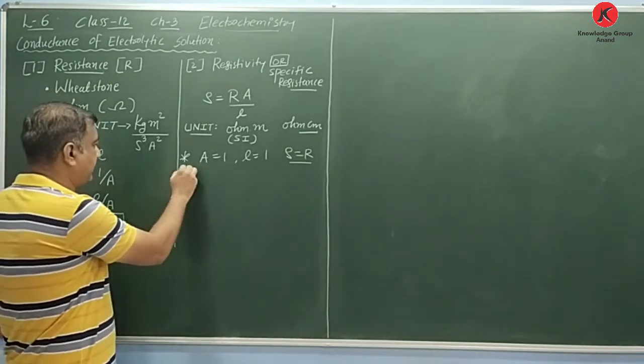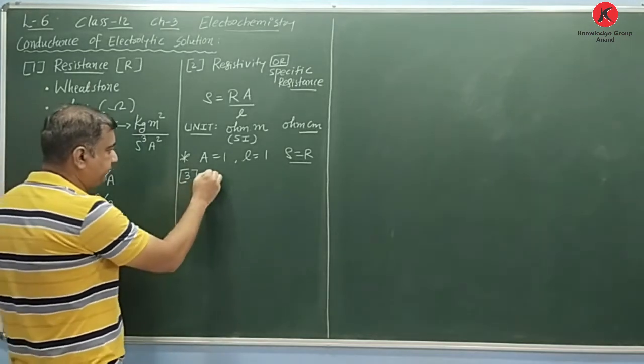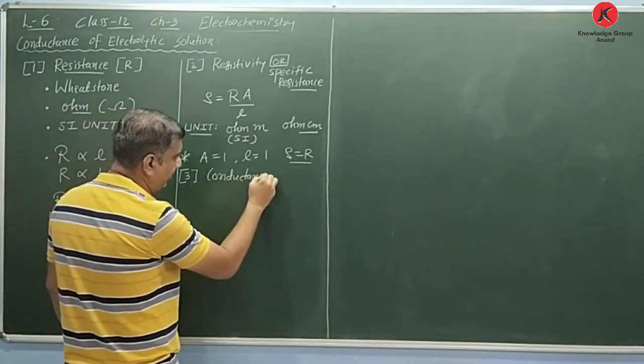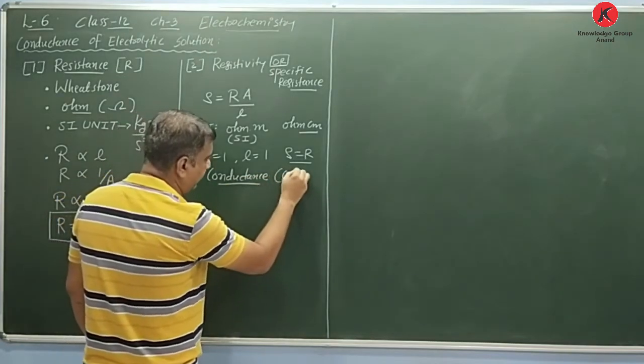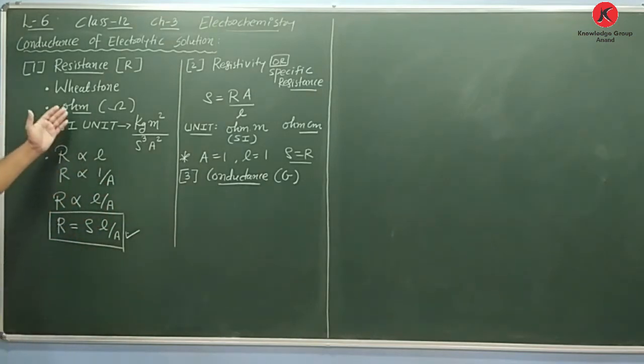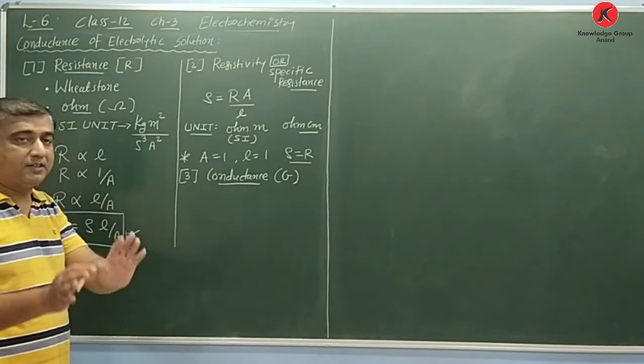Now the third basic term is conductance. Conductance has the symbol G. So obviously, as the names suggest, resistance and conductance are inversely proportional.